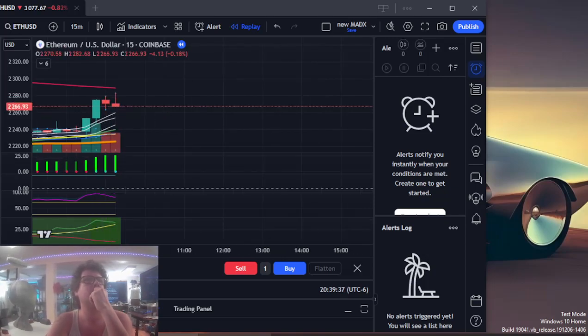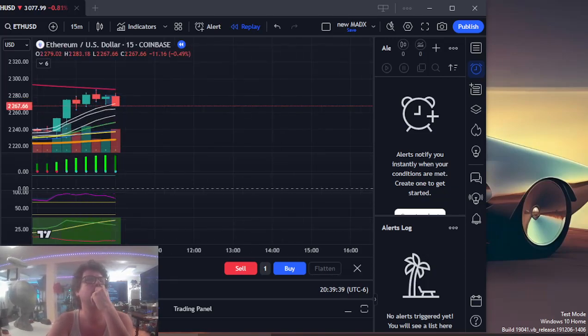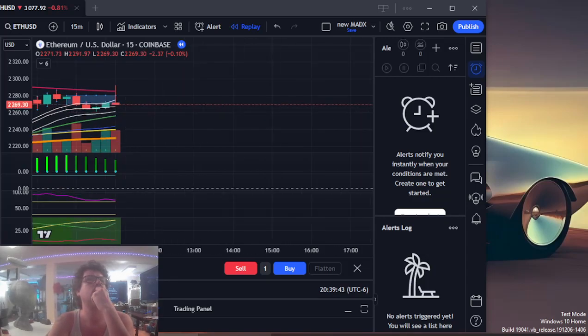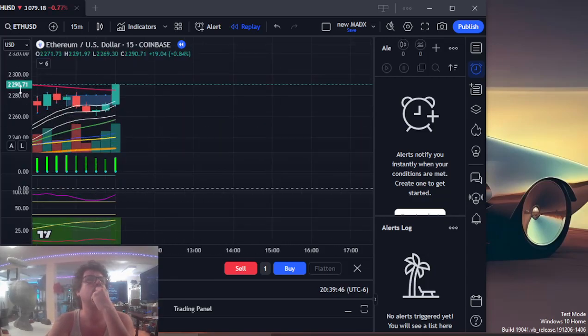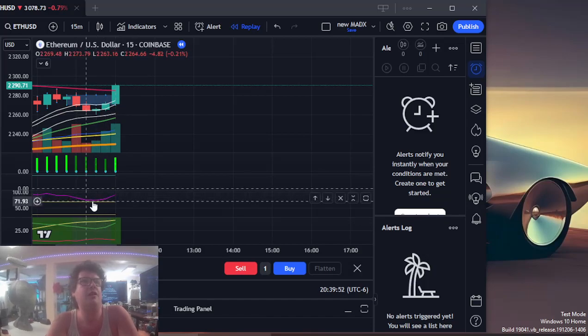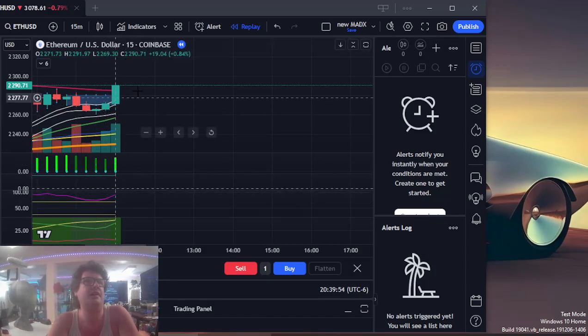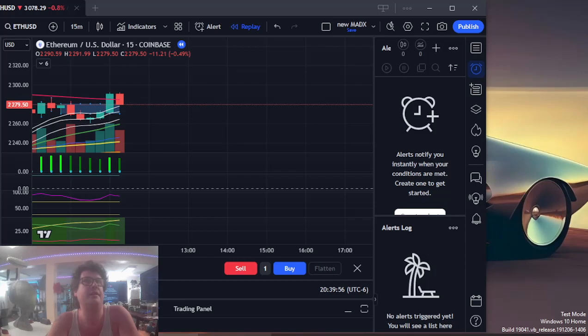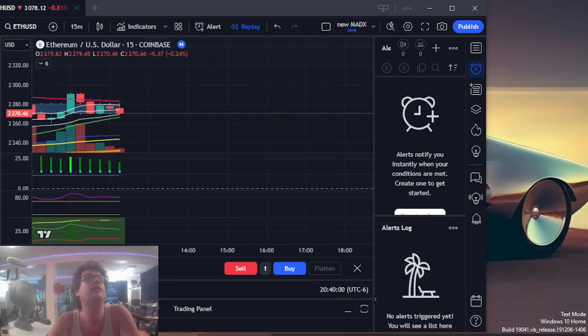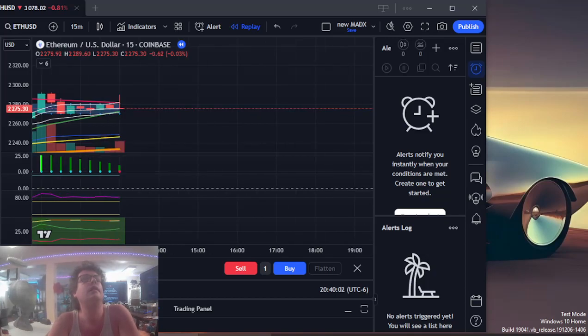Yup. One, 2, 3. Almost crossing into the yellow, but not quite. I bet this goes up anyway, though. Apparently not. Nope.